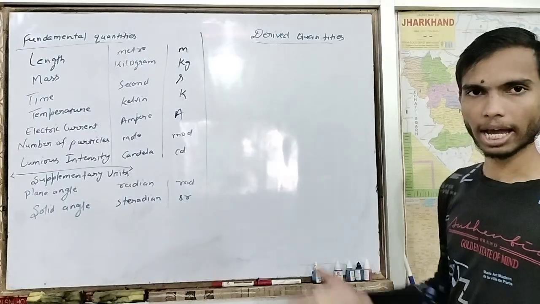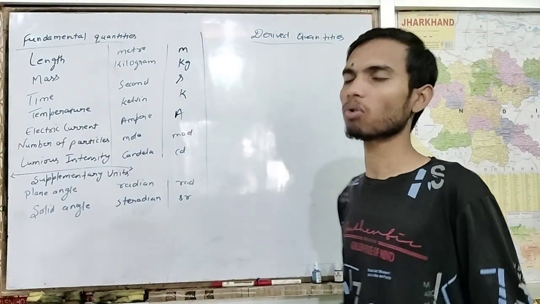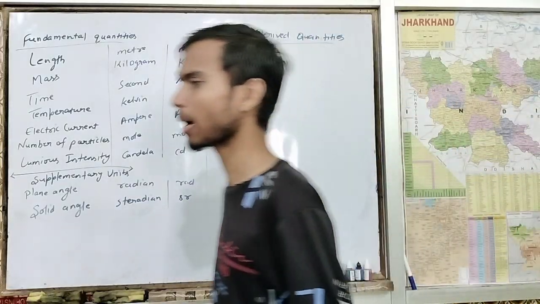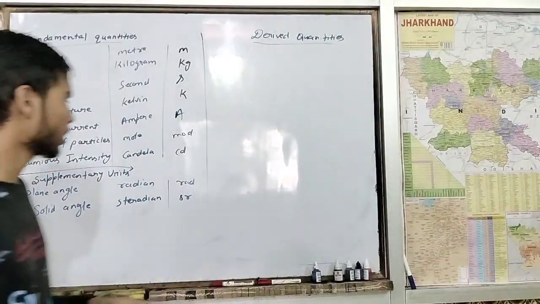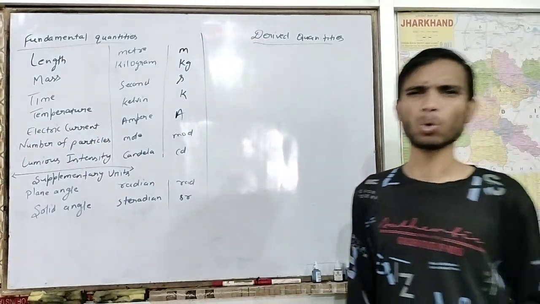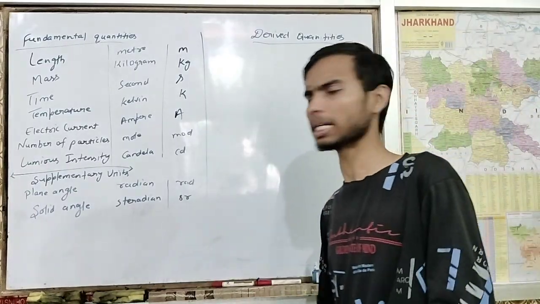Apart from this, we have 2 more, which are supplementary quantities. First, we have plane angle. We are familiar with plane angle, but we are not familiar with the solid angle. If we are not familiar with it, it doesn't mean that we will ignore it. Rather, we will understand it.